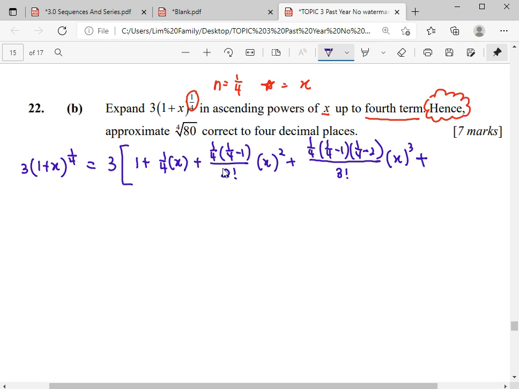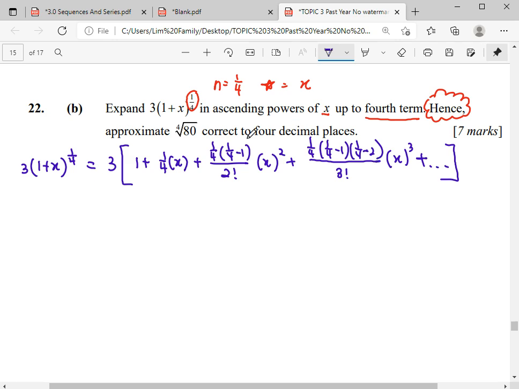That's enough. We show the dots, which means there are still more terms at the back: n minus 3, 4 factorial, power 4, then power 5, power 6. The expansion is non-stop, so it depends on the question how far we want to present it. The question said fourth term, so 1, 2, 3, 4 terms.